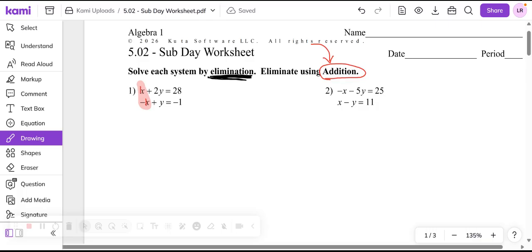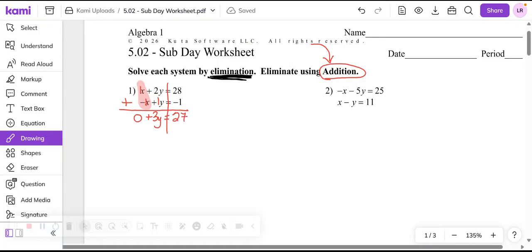So what I know is if I add these two equations together, I'm going to eliminate the x's. So we have 1x minus 1x, that would be 0. Then with our y's, 2y plus 1y, that would be 3y. And 28 plus negative 1, that would be 27.